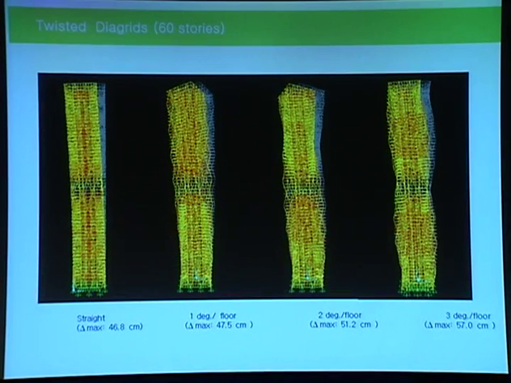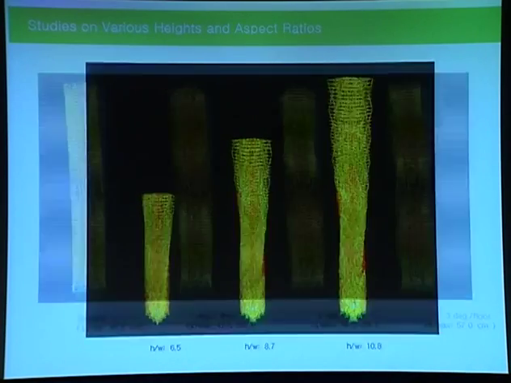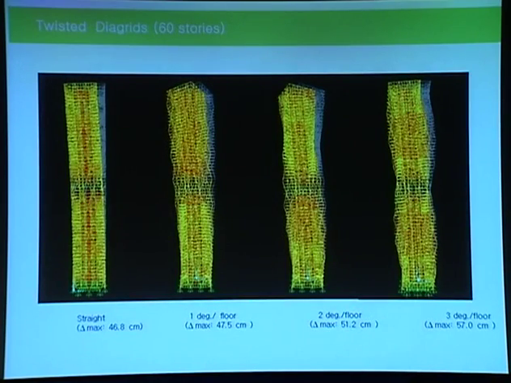These are some of the study models of 60 stories whose aspect ratio is about 6.5. The first one is just the prismatic diagrid structure, and the others have different rates of twisting: 1 degree per floor, 2 degrees per floor, and 3 degrees per floor.